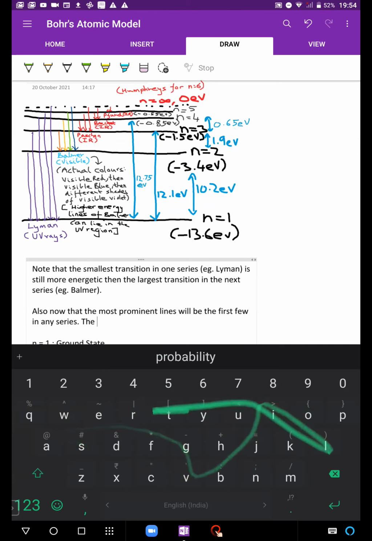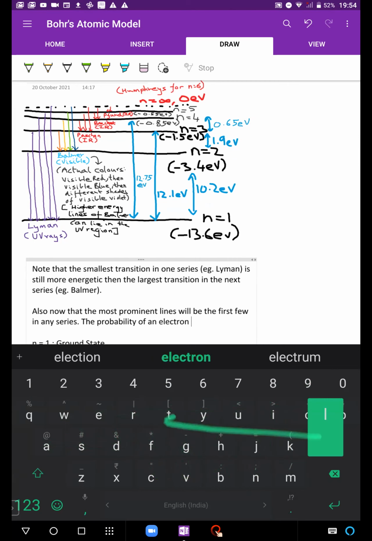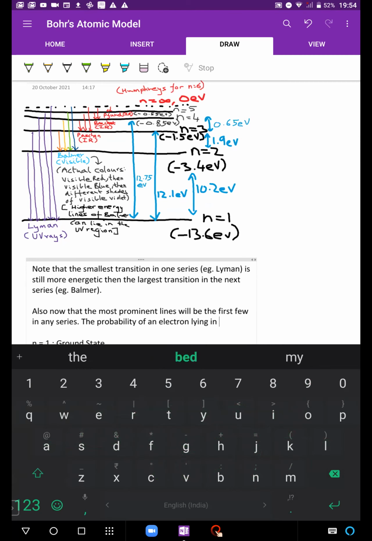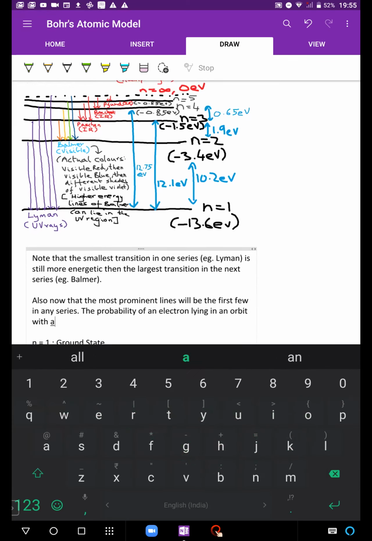The probability of an electron lying in a very high orbit is low.